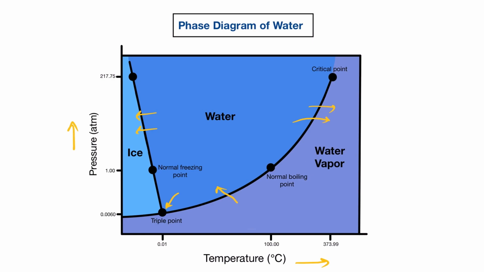And at a pressure below a certain limit, there is no ice. Even if you lower the temperature, it only forms the water vapor. So this is quite a good diagram to understand the different phases of water in terms of pressure and temperature.